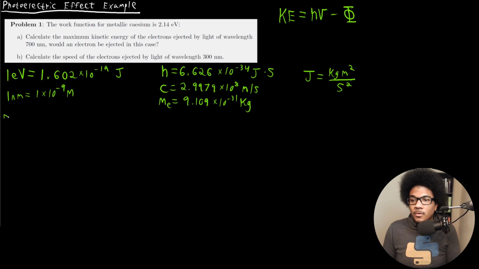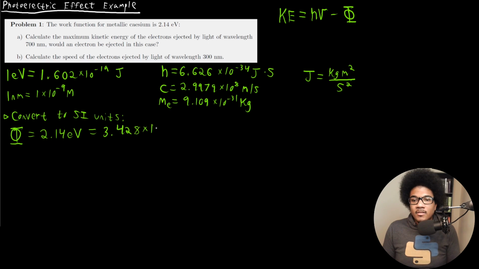So the first thing I want to do is convert the energies and wavelengths to SI units. Let's start with the work function. The work function that we've been given here for cesium is 2.14 eV. If we want to convert that using this conversion factor, then we get 3.428 times 10 to the negative 19 joules.